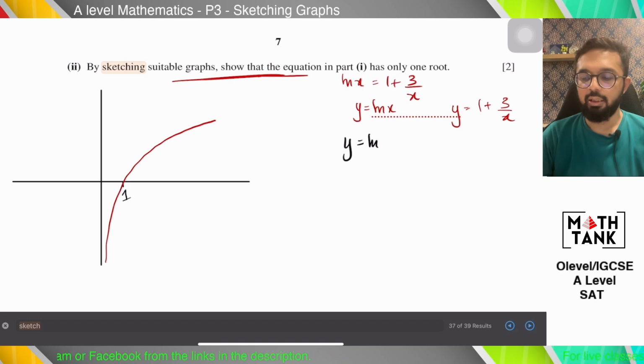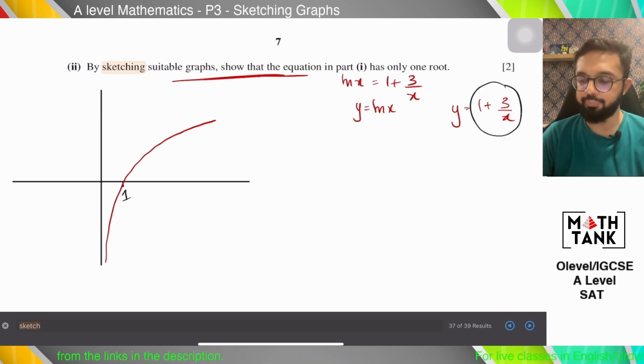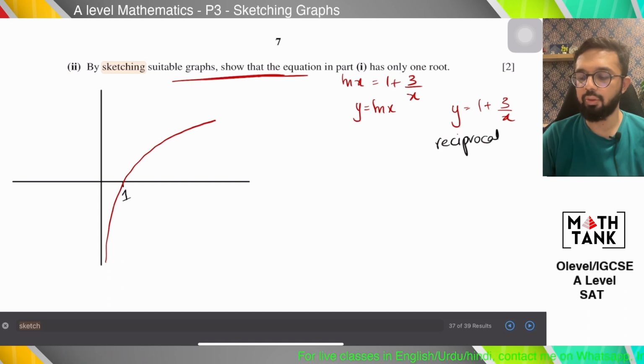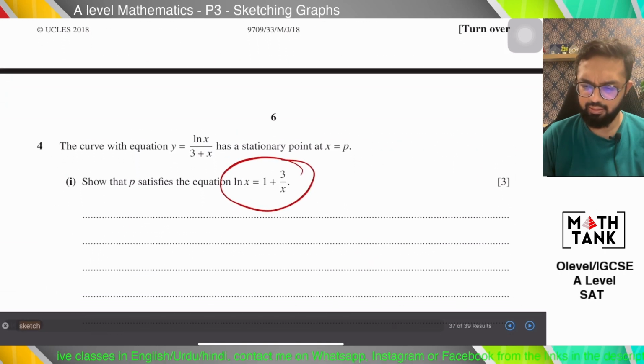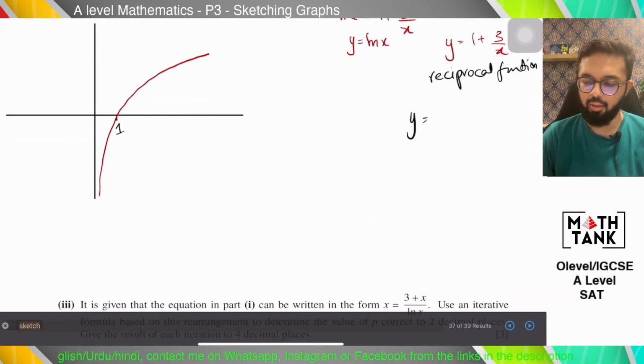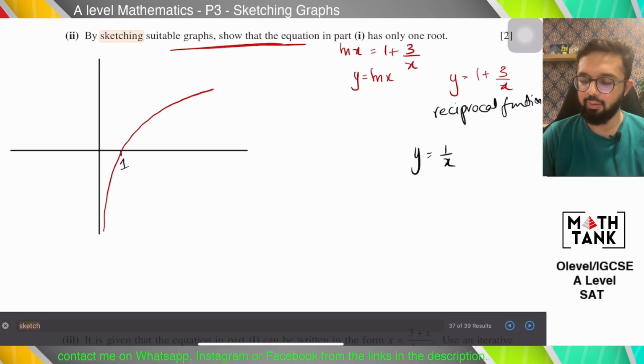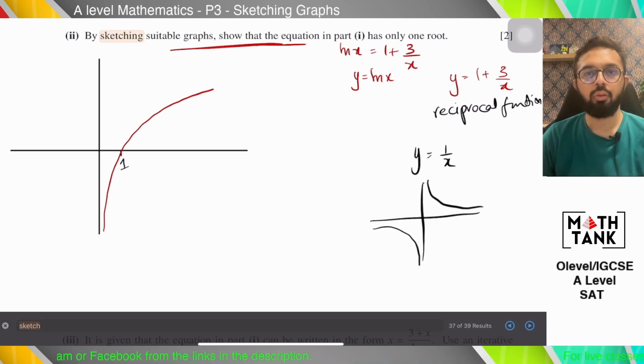Okay, then this other graph is a reciprocal function. Now, for reciprocal functions, remember that, does it say any limits? Okay, so 1 over x looks like this. Okay, 1 over x squared looks like this.